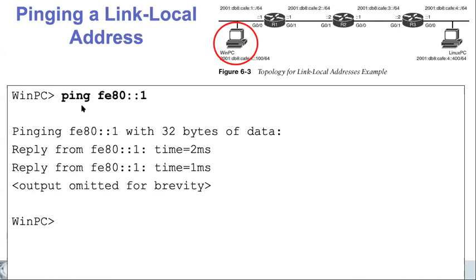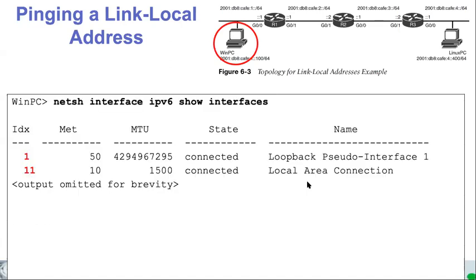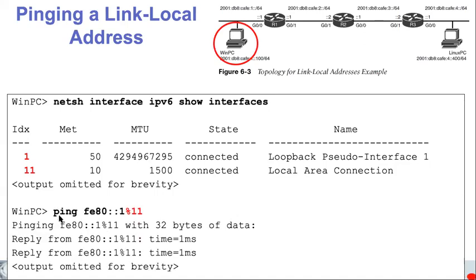It says, look, I typically only belong to one network, so I'm not going to ask which interface. Again, remember we did the netsh ipv6 show interfaces, gives me my zone IDs. I could ping a link local address and give the zone ID. So this is my local area connection, my wired connection. In this case here, I'm not on a wireless, I'm just on the wired. But I could specify the zone ID if I want.